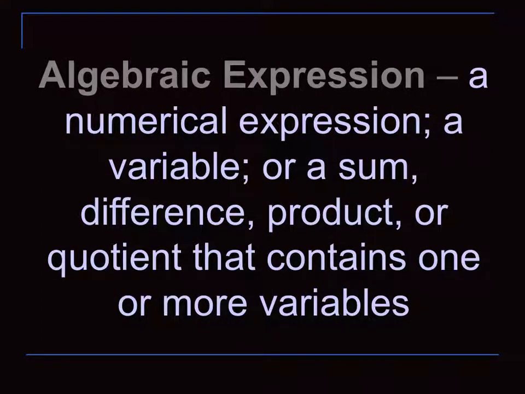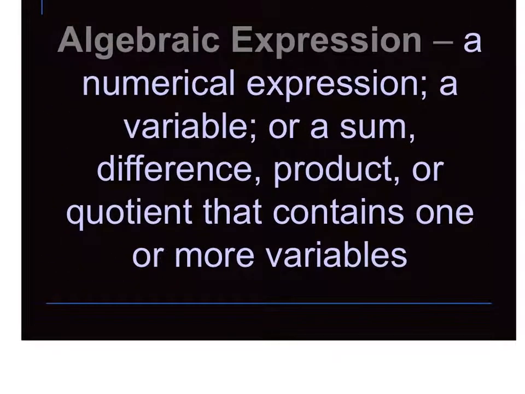Now, an algebraic expression. When you think of the word algebra, you should think of variables, because until you started doing algebra, you never saw x or y unless it was pre-algebra. So the word algebra, you should expect variables. It could be a numerical expression, a variable, a sum, difference, product, or quotient that contains one or more variables.